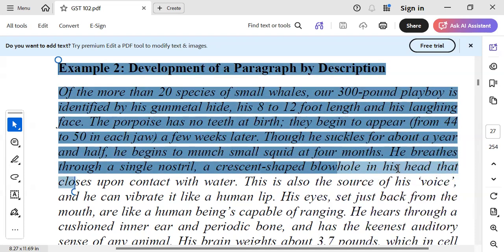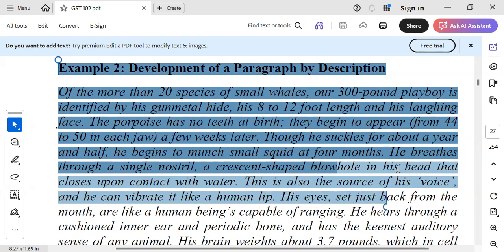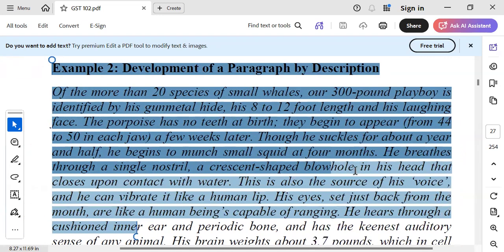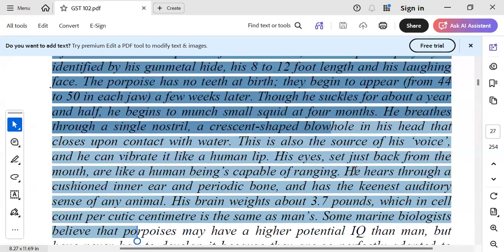This is also the source of its voice, and it can vibrate it like a human's vocal cords. Its eyes, set just back from the mouth, are like a human being's, capable of wide-ranging vision. It hears through a cushioned inner ear and periodic bone, and has the keenest auditory sense of any animal.